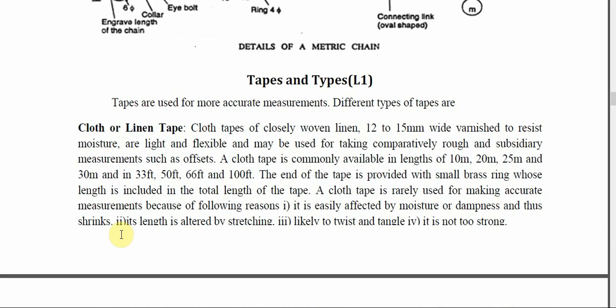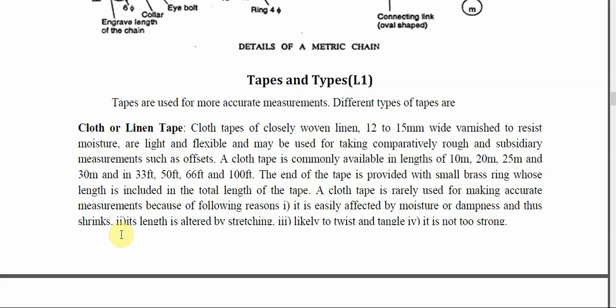Now, cloth tapes are made up of linen, and the width is 12 to 15 mm, that is 1.2 centimeter to 1.5 centimeter, and it is varnished to resist moisture. It is very light and it is flexible and may be used for taking very rough measurements.